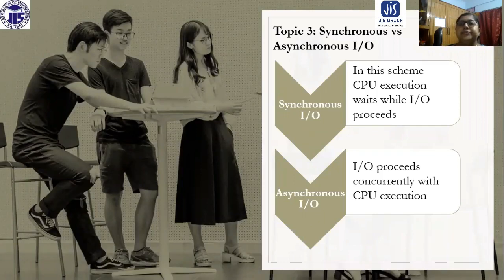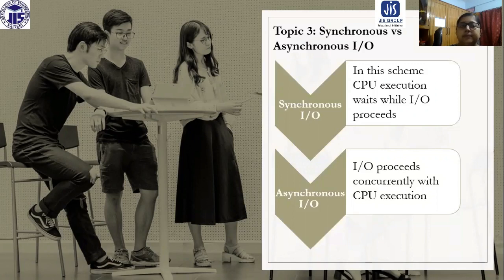Now we are going to discuss synchronous and asynchronous input output. So first we are going to discuss synchronous versus asynchronous input output. When we are talking about synchronous input output, that means the CPU execution waits while input output is processed.